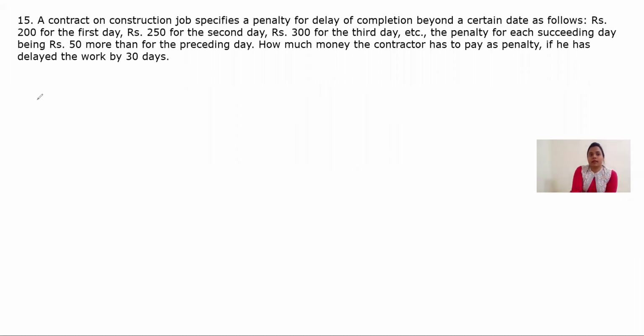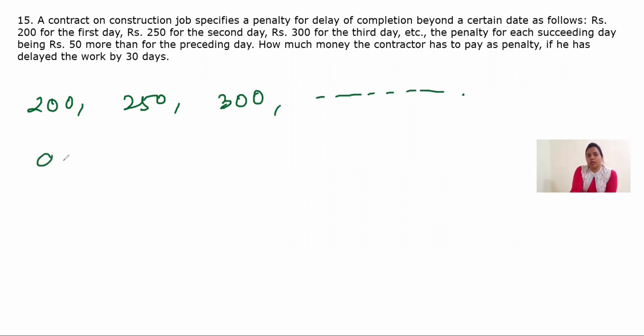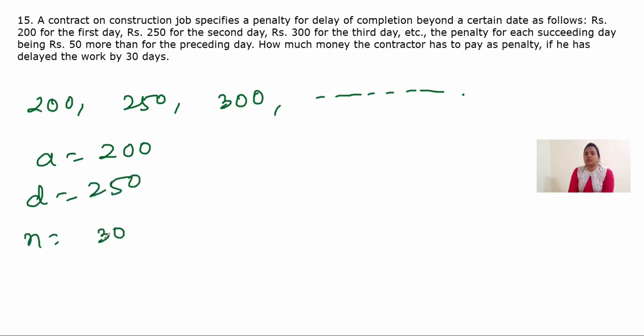So the AP will be like this: 200, 250, 300, and it will go on. So A is 200, D is 50, and N is given to us, that is 30. So simply we can find the sum of the penalty for 30 days and get the answer. Simply we have to find S30.